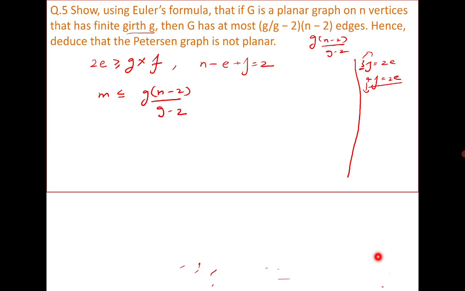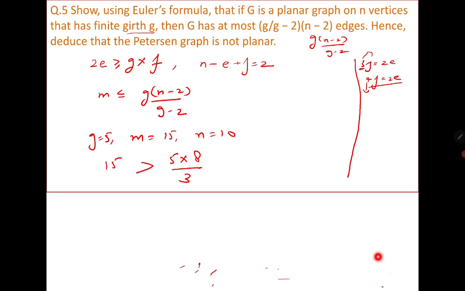It means if the number of edges is greater than g multiplied by (n minus 2) by (g minus 2), then the graph is non-planar. So for the Petersen graph, g is 5, m is 15 and n is 10. So 15, and on the other side g is 5 multiplied by 8, since n minus 2 is 8, divided by 3, which is 13 point something.